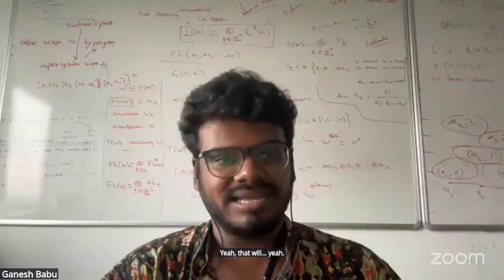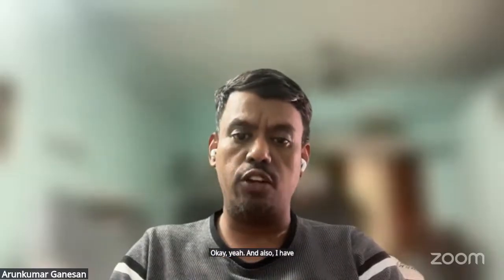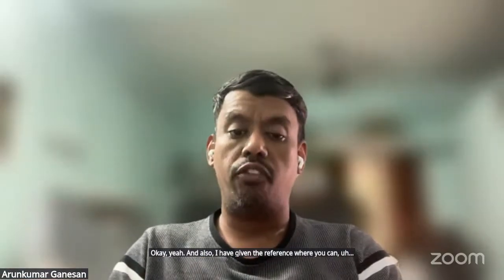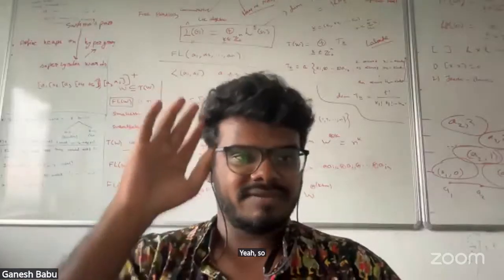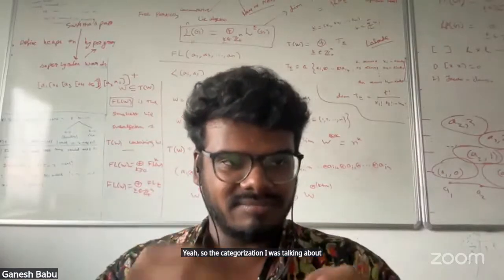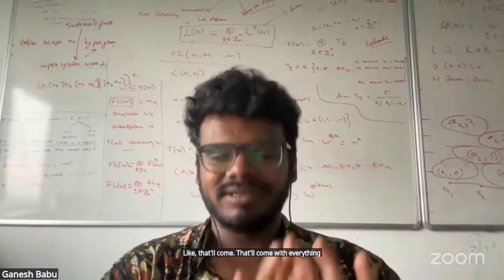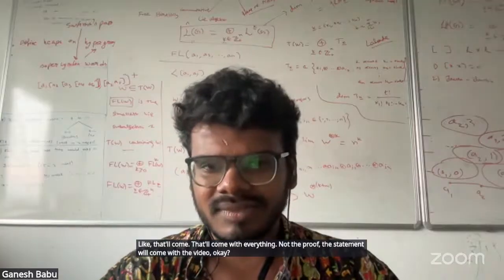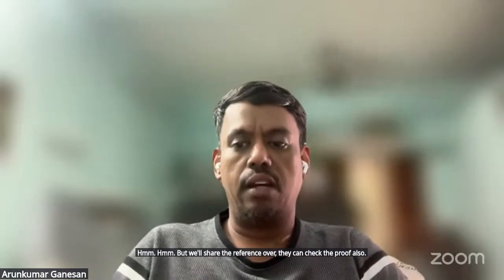That video might come in week 3. I have also given the reference where you can look at the proof for each of these cases. The characterization I was talking about, for each pair of m and n, will come in the video. Not the proof; the statement will come in the video. But we'll share the reference so you can check the proof also. Yes, that paper.